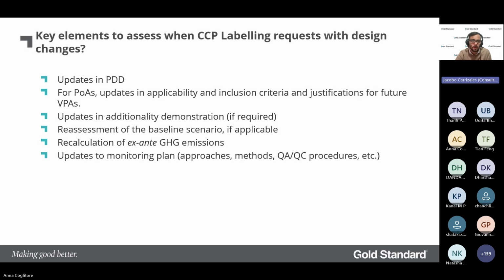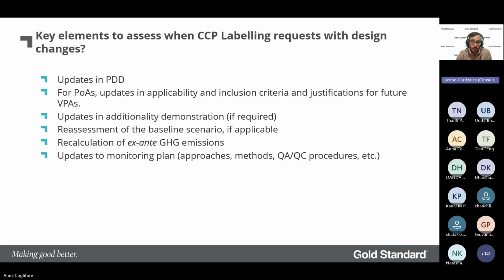It has to be visible in the PDs, and it has to be visible as a criteria. There is also the need for updates in the demonstration of additionality. Sometimes it's required, sometimes it's not, but then the VVB has to make sure if this is required or not, and if it's required, how this additionality demonstration has been updated.